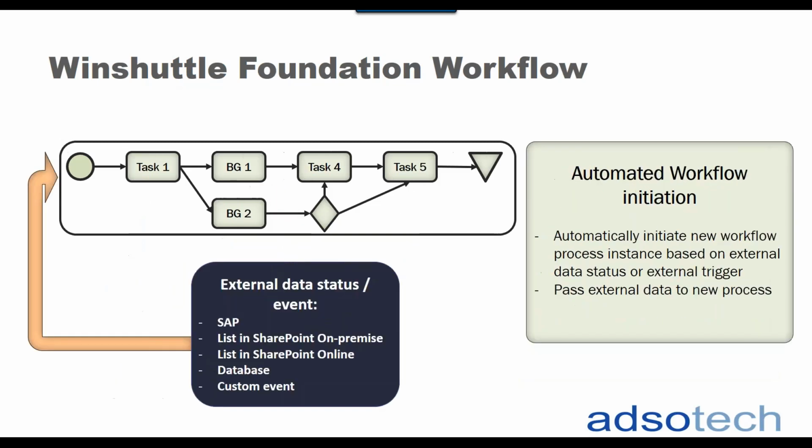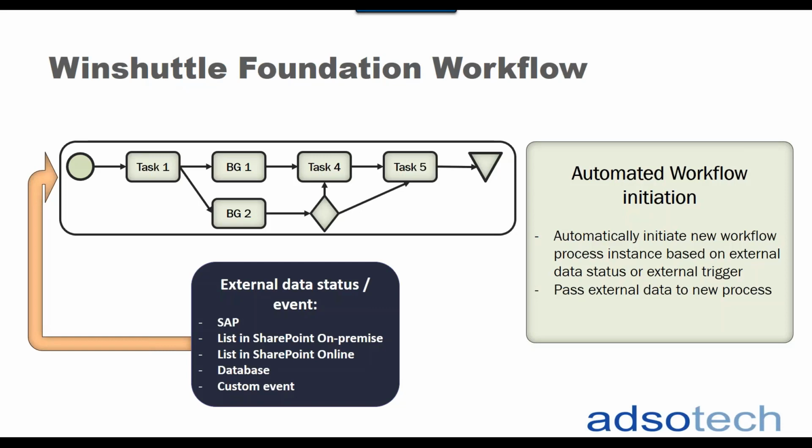We have seen that effectively all of the Winshuttle workflow customers have some kind of need to automate the process initiation, so starting new process instances, because typically they don't want users to have to manually start a workflow process.